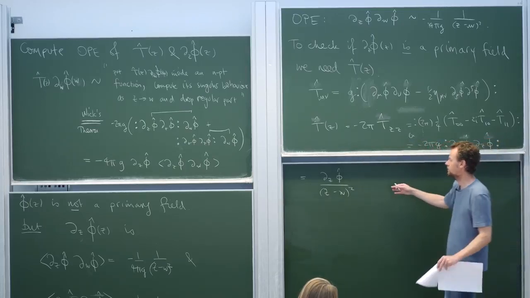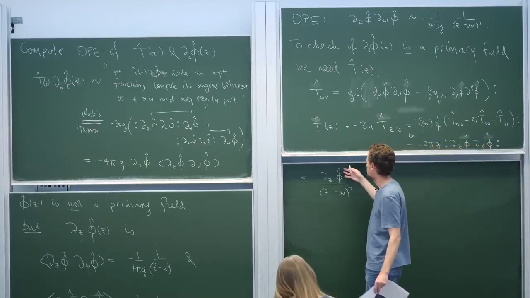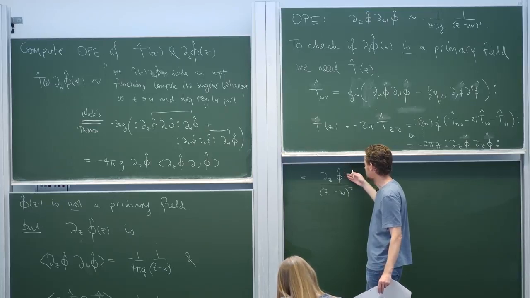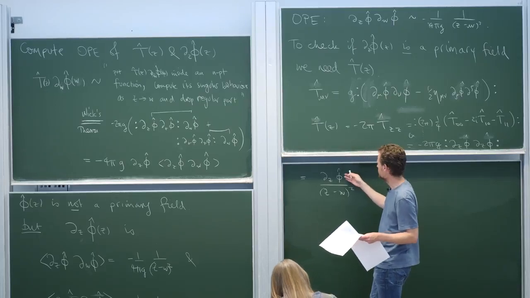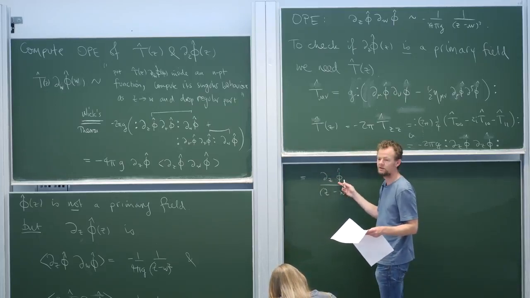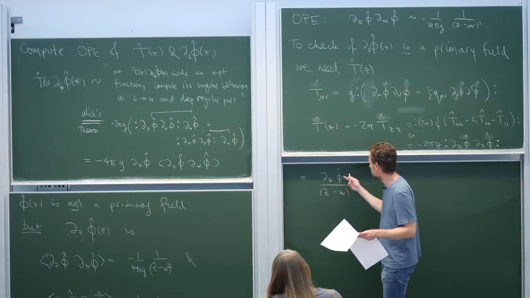For this to be in the form of an OPE, we have to express this as a Taylor series around w. So this field operator is around z at the moment, but the OPE needs it around w.